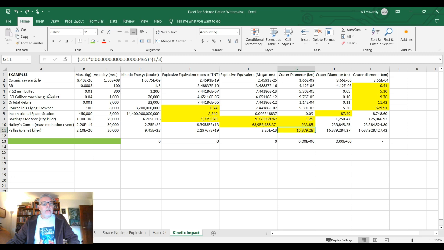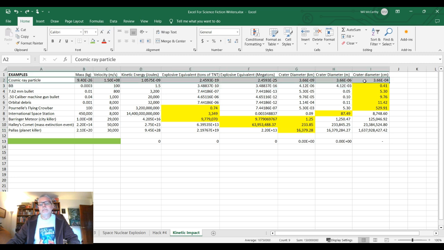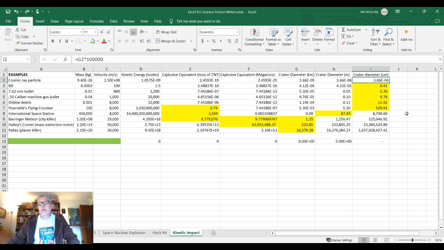Now we can get cute with this. We can apply these same equations to a cosmic ray particle. Imagine we have an iron nucleus traveling at half the speed of light. This gives us a kinetic energy of much, much less than a joule, and it gives us a crater diameter that's a tiny, tiny fraction of a centimeter.